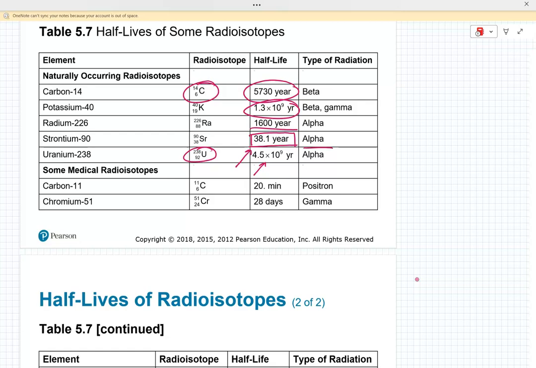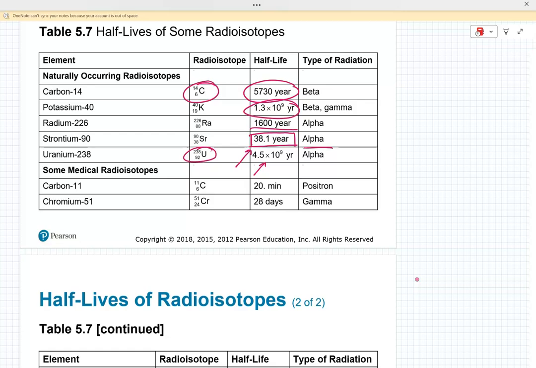And what people mine, when uranium is being extracted from the ground, is uranium-238, which contains a very, very small amount of uranium-235.